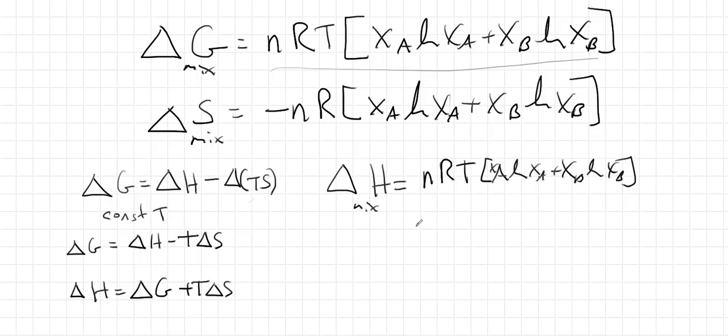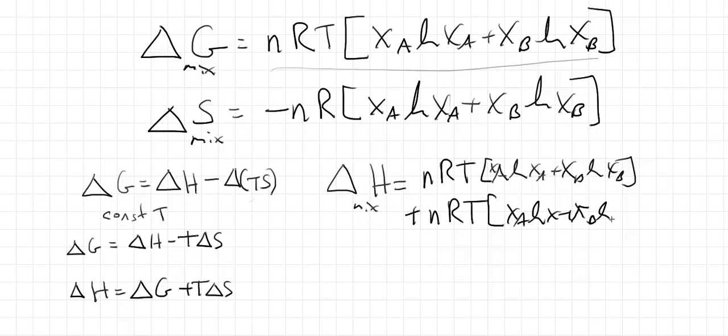And then we're going to add T times delta S. And so we add, here's delta S, but we have to multiply it times T, XA log of XA plus XB log of XB. And you can see what's happening when we add this up.